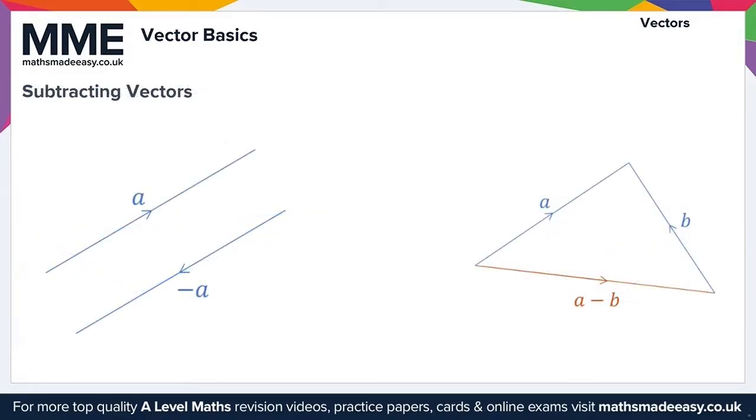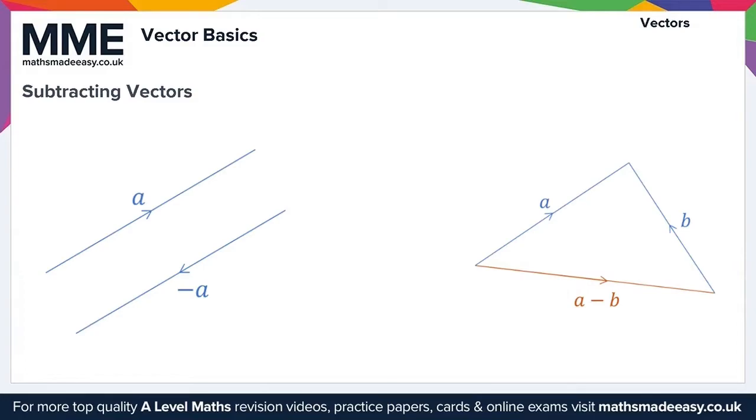Moving on now to take a look at subtracting vectors. So subtracting a vector is the same as adding a negative vector. So using this diagram here, if A is a vector, then minus A is a vector of the same size, just in the opposite direction. Okay, so we can see that here. So A goes in this direction, so minus A is the same size, but it just goes in the opposite direction.